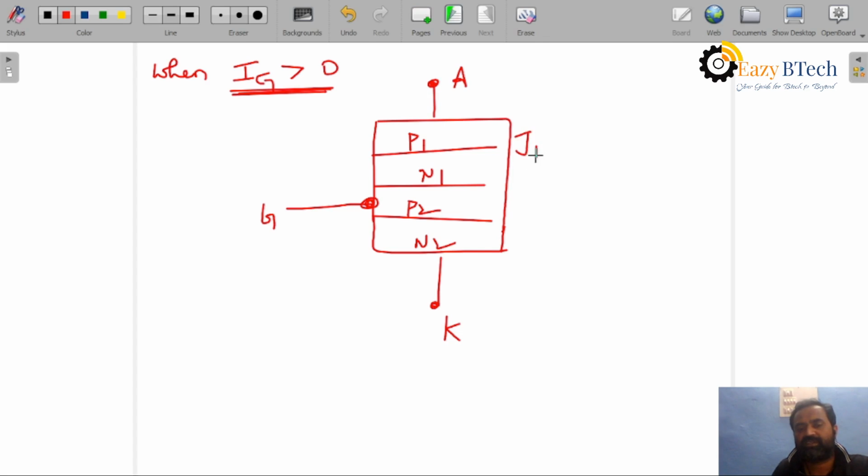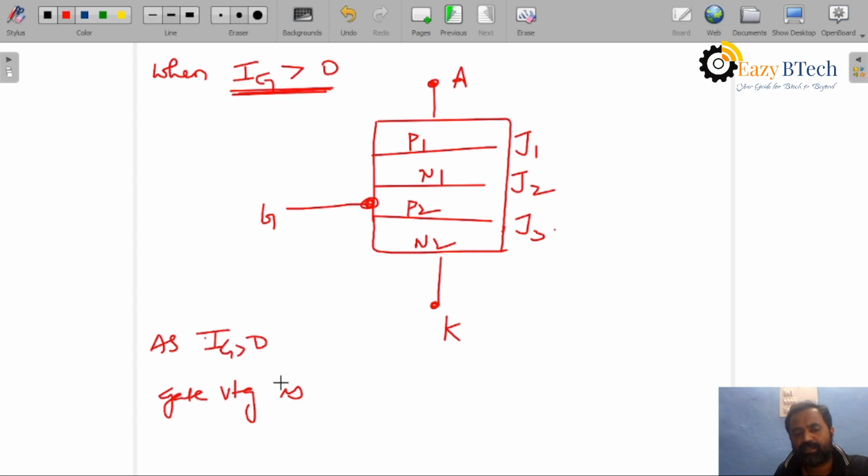This is the J1 junction, J2 junction, J3 junction. Now you can see clearly, Ig greater than 0 means the gate voltage is positive.